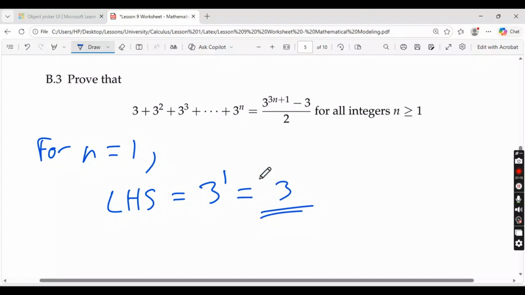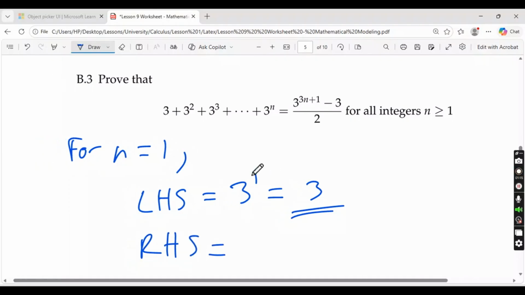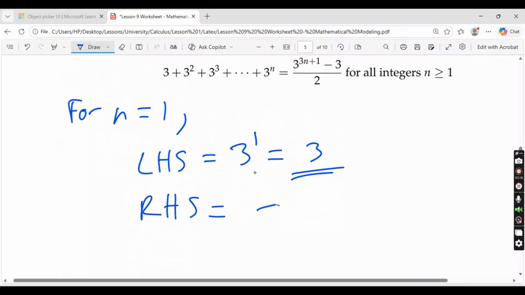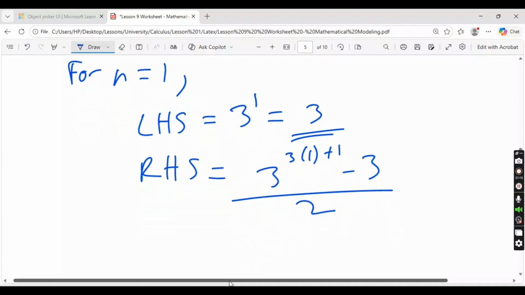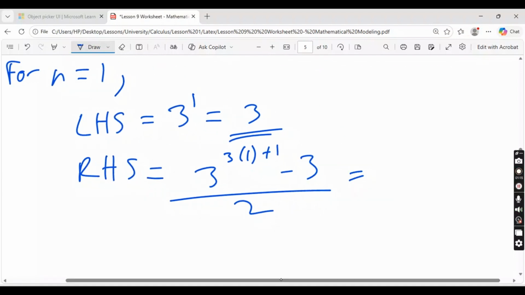Then the right-hand side, we substitute in 1 for n: 3 to the power of 3 times 1 plus 1, minus 3, all over 2, which is then equal to 3 to the power of 4 minus 3.